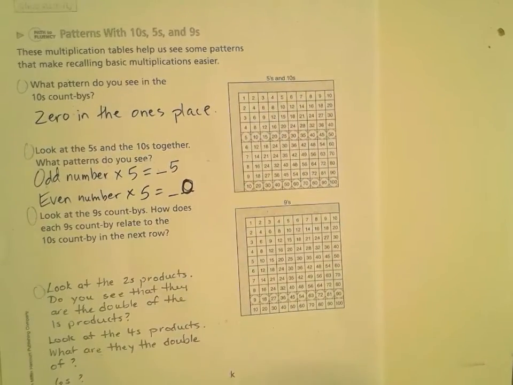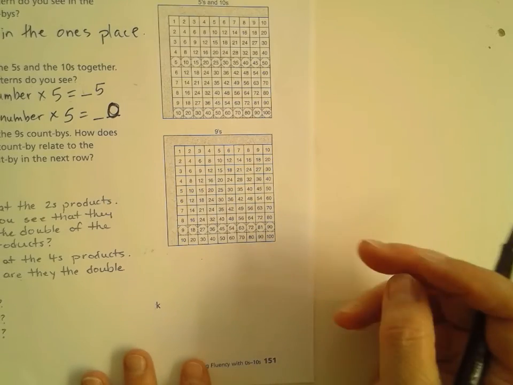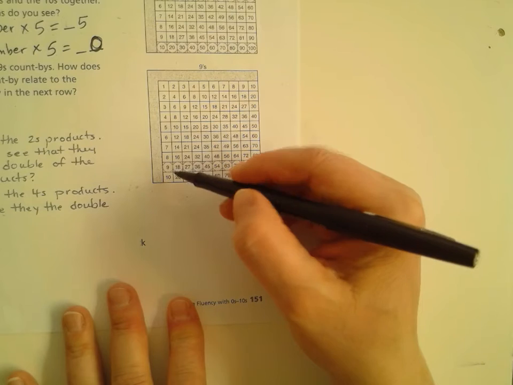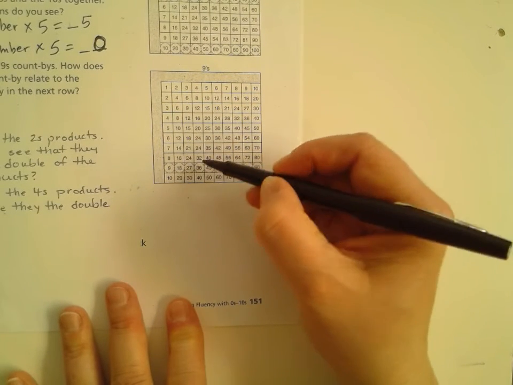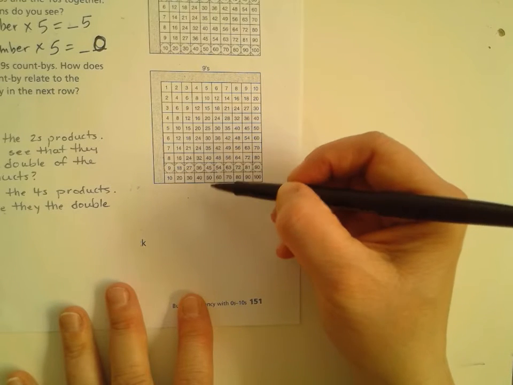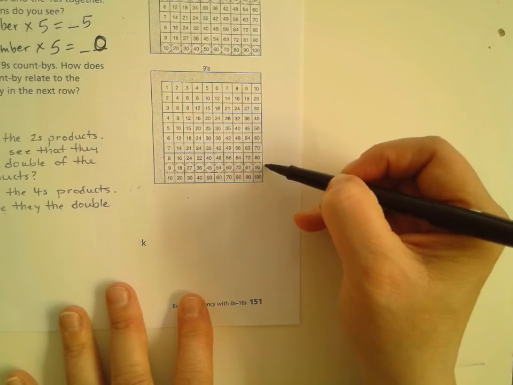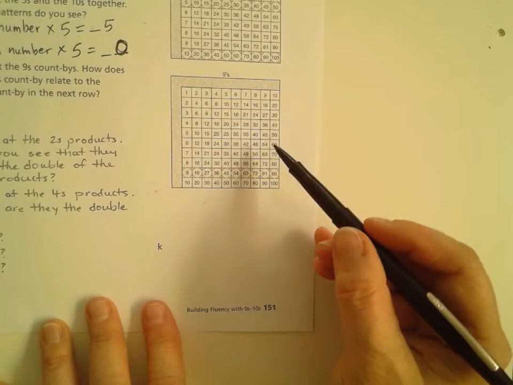Interesting. Now I look at the count bys for the 9s, and I notice that if I look next to the 10s, 9, 10, 18, 20, 27, 30, 36, 40, each time it's 1 difference, 2 difference, 3 difference, 4 difference, and so on, up to 10 times 9 is 90 and 10 times 10 is 100.